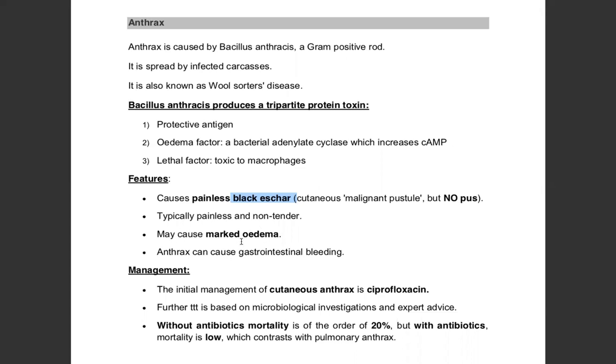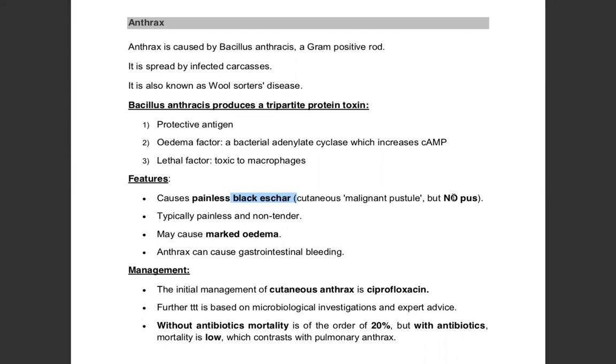If it is painless, and if you are thinking of a veterinarian or wool sorters or people working with animals or animal farms, then with a painless black eschar, you will think of anthrax first. And if there is a prodromal phase, like we know in scrub typhus, with cough, muscle pain, and maybe GIT upset, and with that an eschar is there, that one is scrub typhus.